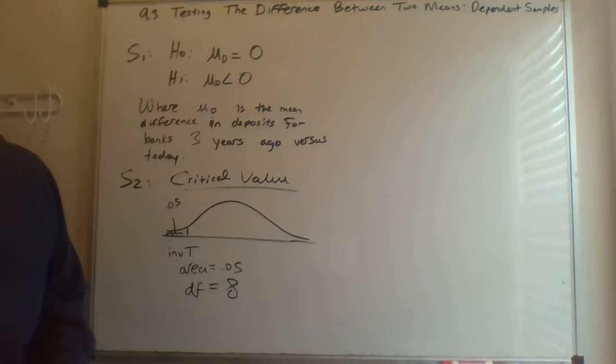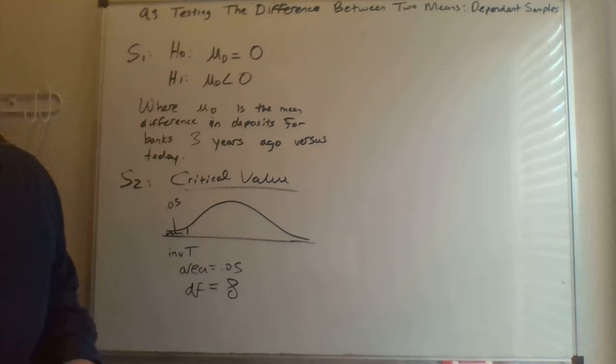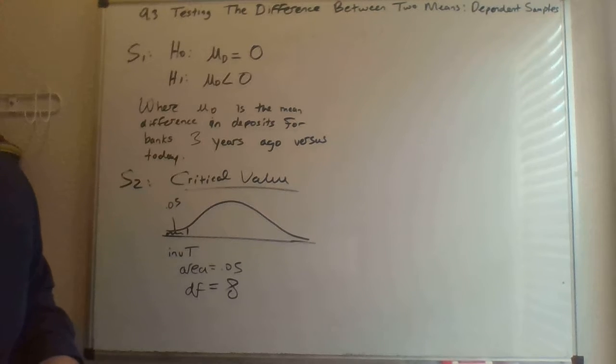So calculate this. Do inverse t of 0.05, degrees of freedom 8.